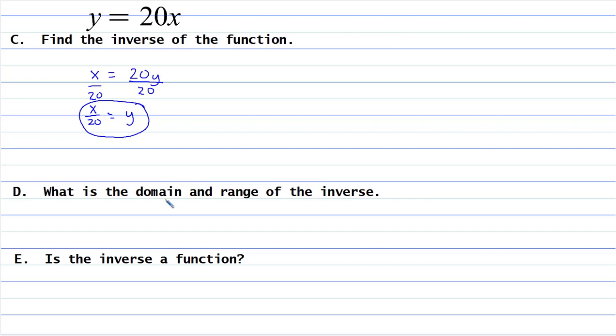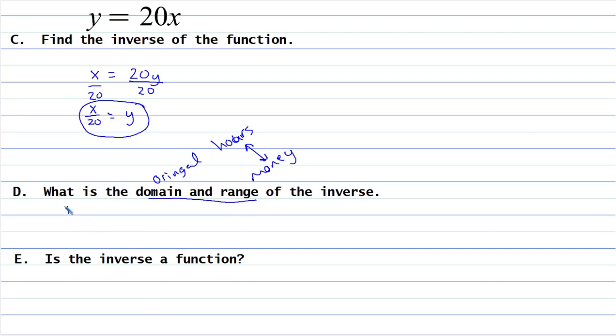So we have to go back and think about what the domain and range for that inverse are, given the story. The domain was originally my hours, and the range was my money. When you do the inverse, those are going to switch.